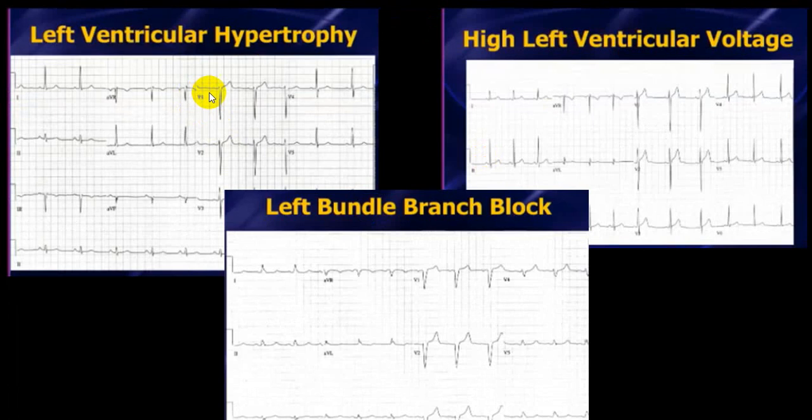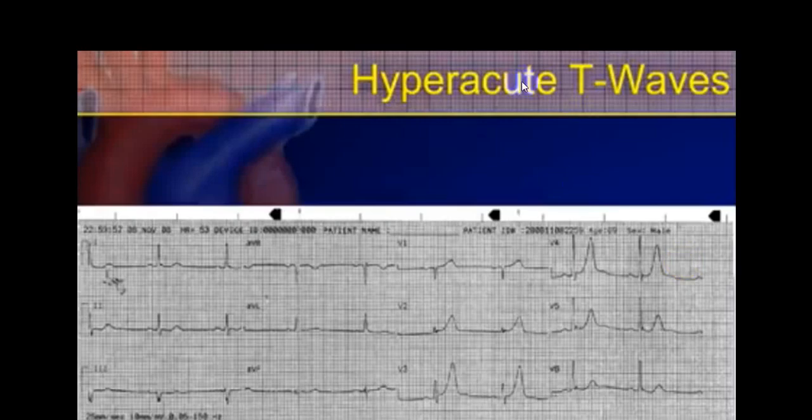This is left ventricular hypertrophy which can produce an upright T wave. Left bundle branch block can also have an upright T wave, and high voltage can also produce an upright T wave. This is hyperacute T wave which is very, very significant, and if it is broad, asymmetrical, tall, it is in favor of hyperacute T wave of acute MI.